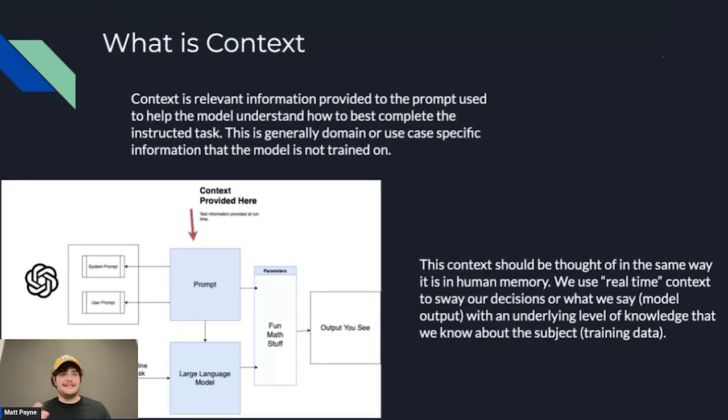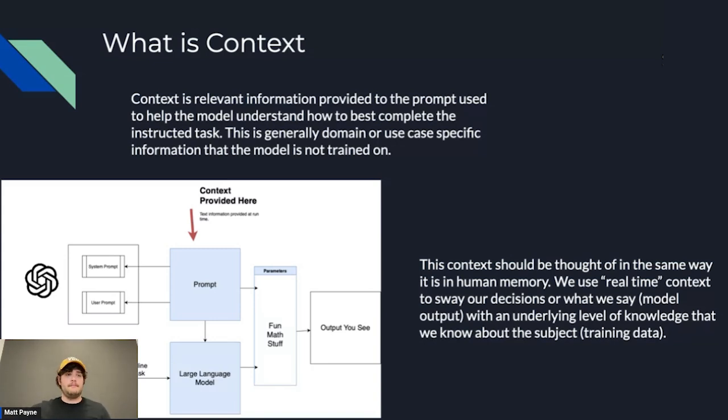Let's dive a little bit deeper into that context idea. As I mentioned, it's relevant information that we provide to the model to help it really understand completing the task. This is stuff that's maybe company specific, domain specific, product data specific in this instance. And this is provided in the prompt so that the LLM can be guided towards our specific use case. A nice way to think about this is the same way that humans would think about this.